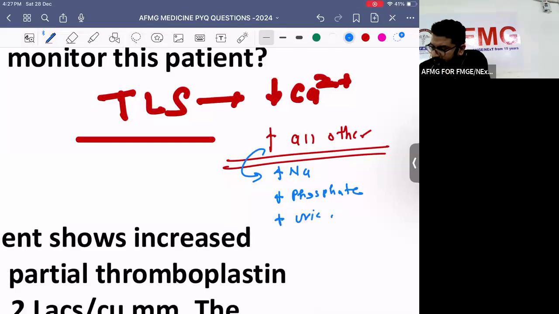Increase in uric acid. Uric acid will increase, phosphate will increase, sodium will increase. Am I clear? Even potassium can also increase. Sometimes magnesium can also increase, but calcium will decrease.